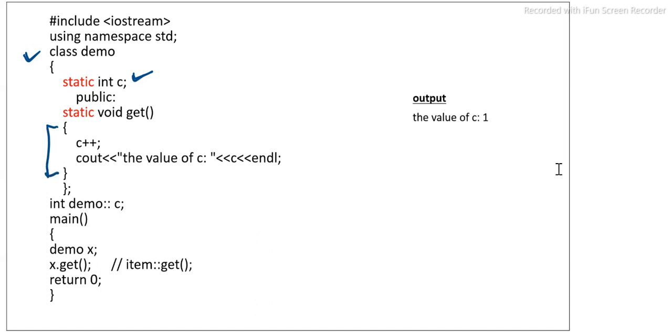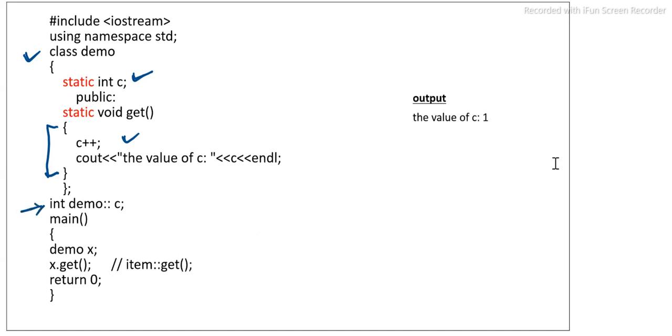So the definition is static void, where void is the return type, get is the function name, followed by a pair of curly brackets, and inside the curly brackets we have the function definition. Here c++ we are incrementing the value of the static member variable, cout the value of c we are printing, then we are closing the class.